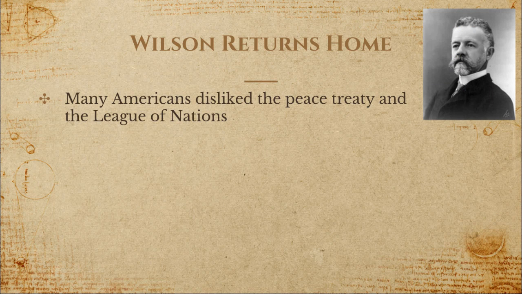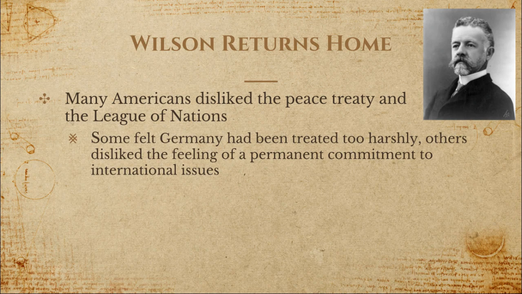Now, in the wake of the Paris Peace Conference, there were many Americans who disliked the Treaty of Versailles and the League of Nations. Some Americans, along with other Allied citizens and leaders, felt that Germany had been treated too harshly in the Treaty of Versailles. However, there were some who actually felt that Germany had gotten off too easily, so it was really just a matter of perspective at this point.